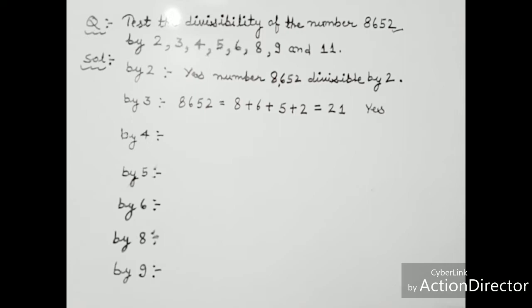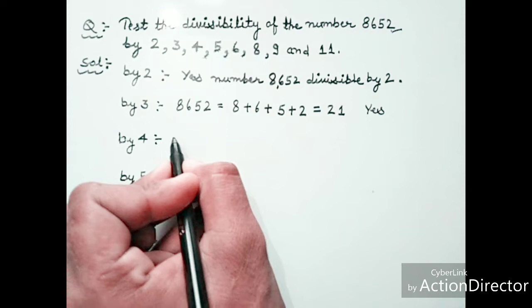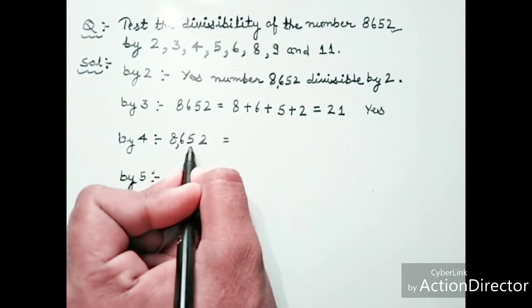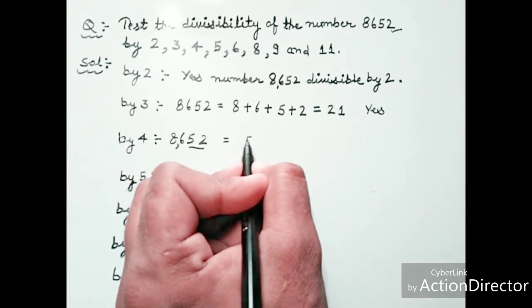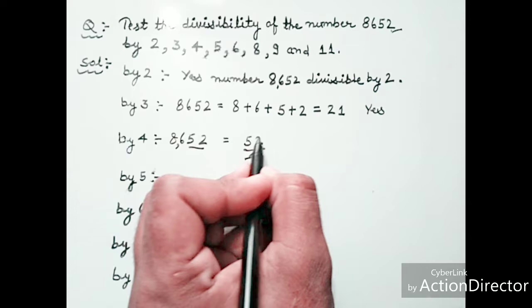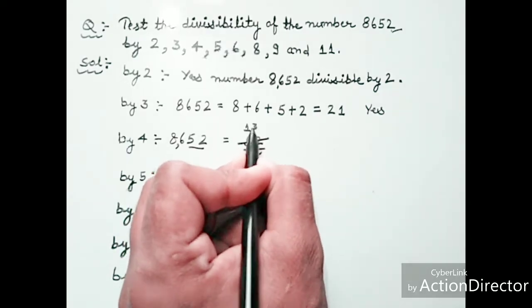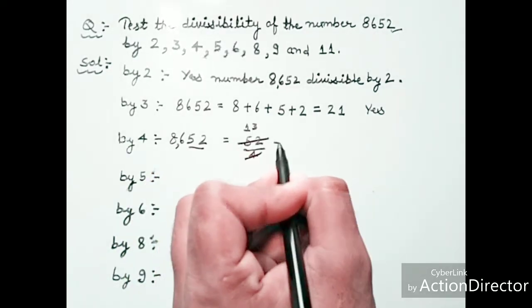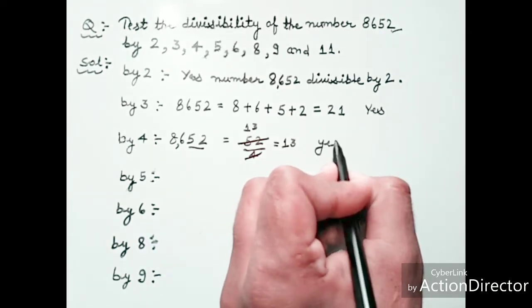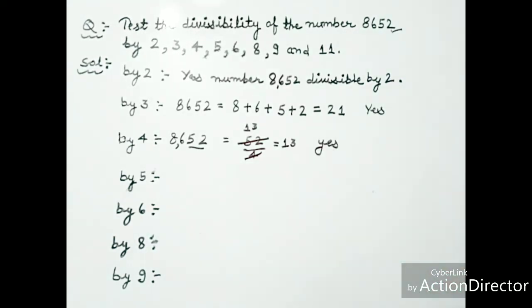In 8652 the last two digits are 52, and 52 is divisible by 4. 4 ones are 4 and 4 thirteens are 52. So we say that yes, the number 8652 is divisible by 4.